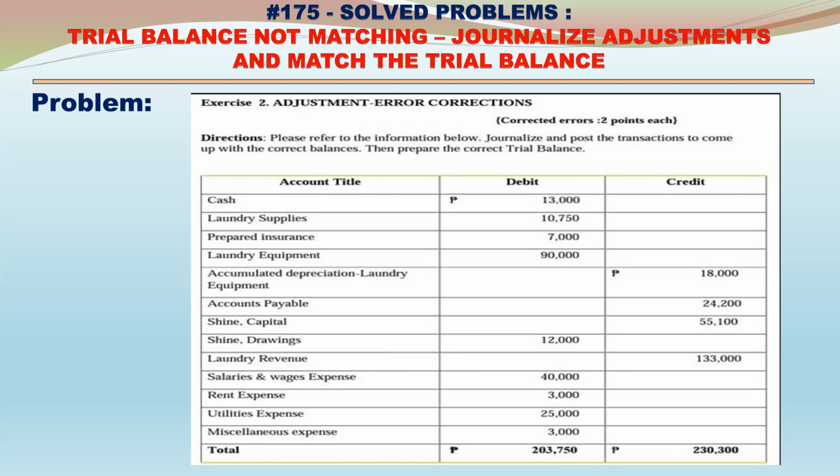Shine drawings, 12,000, debit. Laundry revenue, 133,000, credit. Salaries and wages expense, 40,000, debit. Rent expense, 3,000, debit. Utilities expense, 25,000, debit. Miscellaneous expense, 3,000, debit. Total debits, 203,750. Total credits, 230,300. So, the trial balance is not matching.